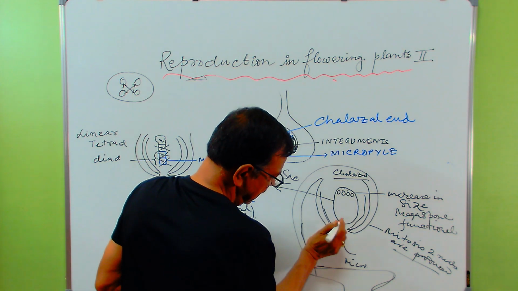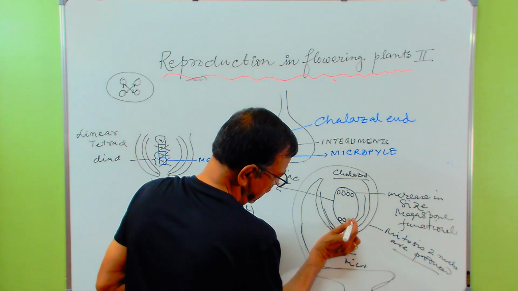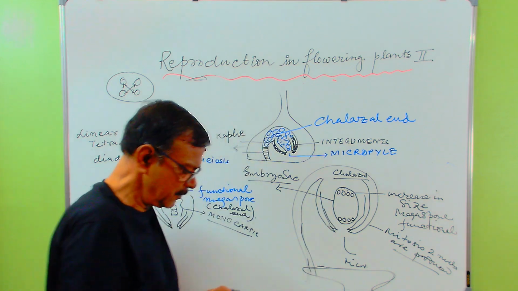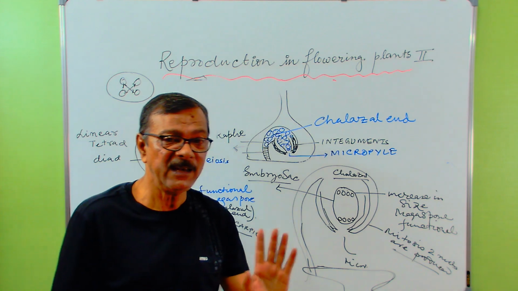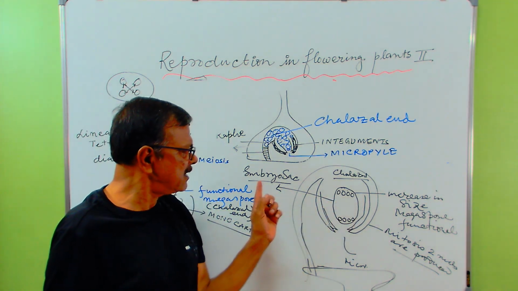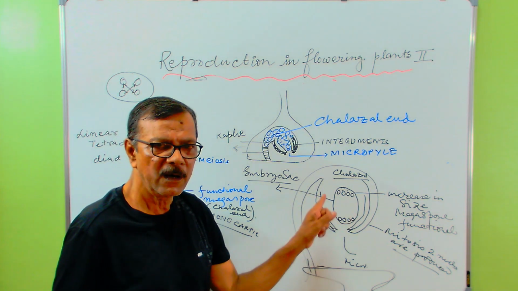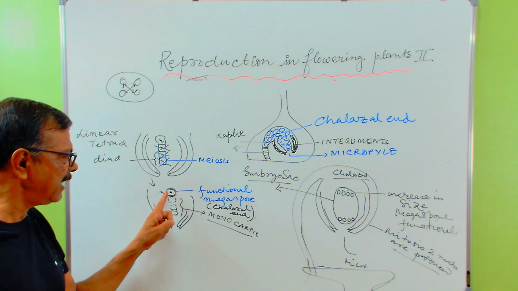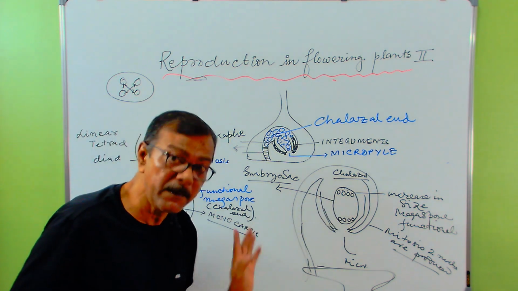Here also it will be 1, 2, 3, 4. So on each side there are 4 and 4, the 8 nucleated stage. This is the 8 nucleated stage embryo sac. Within the embryo sac, it is produced from the single functional megaspore.